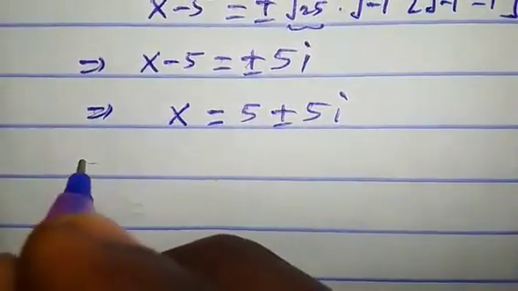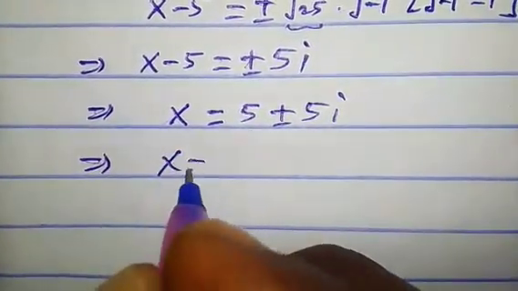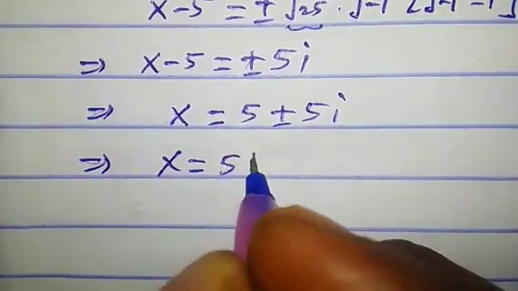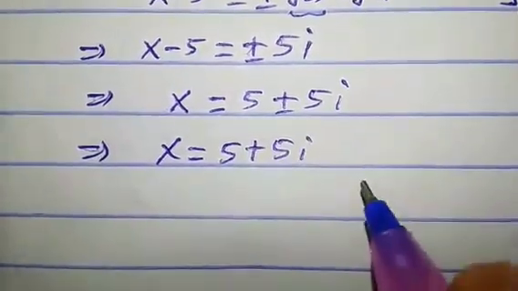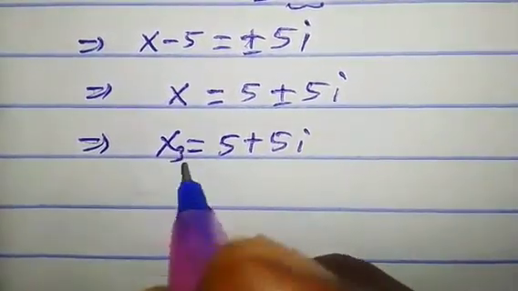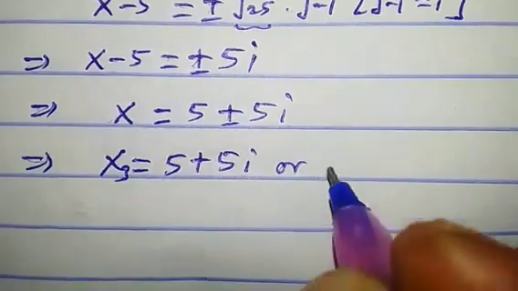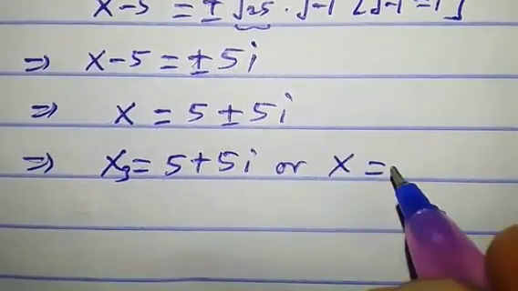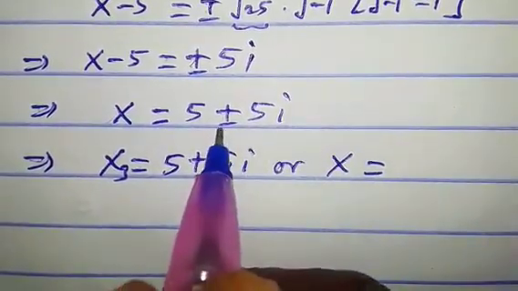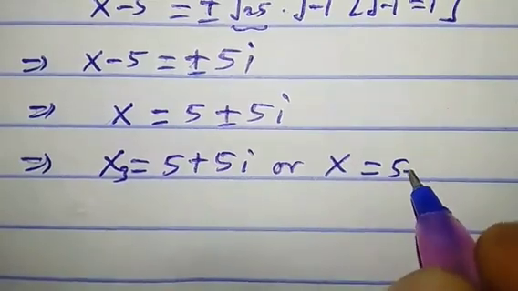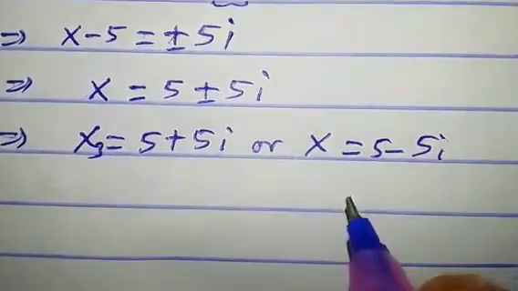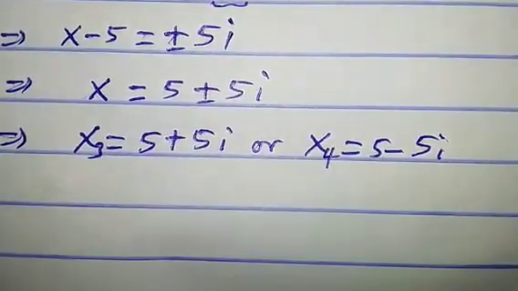So as a result of this, x is equal to 5 + 5i. So let us call this x3. Or x equal to, considering the negative sign, 5 − 5i. So this is x4.